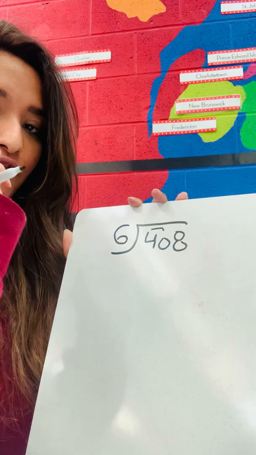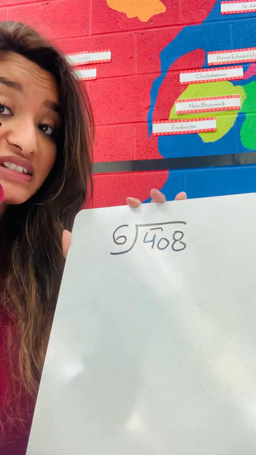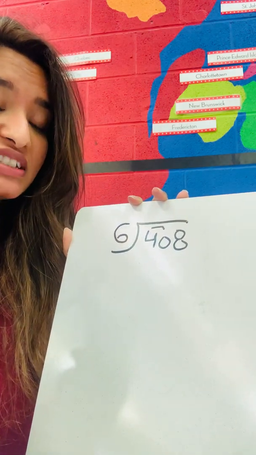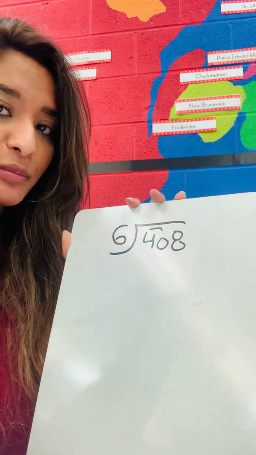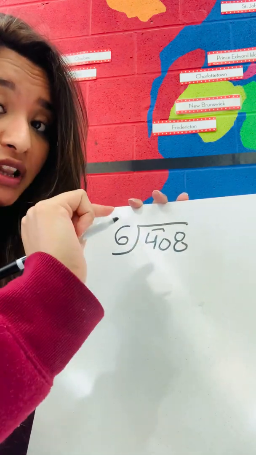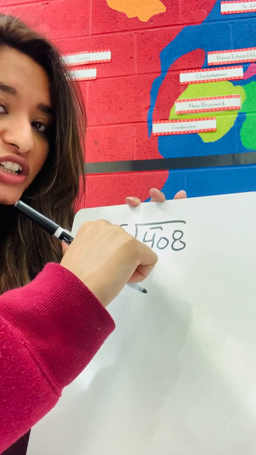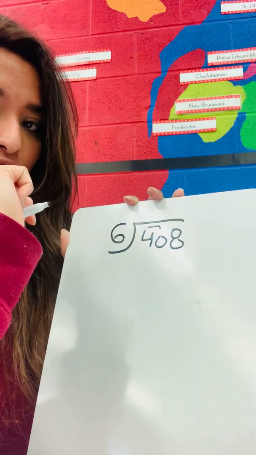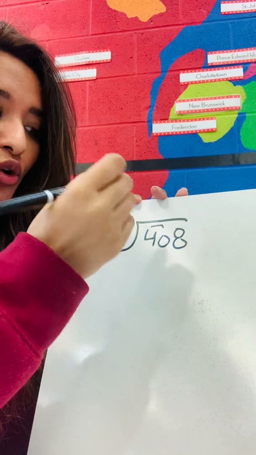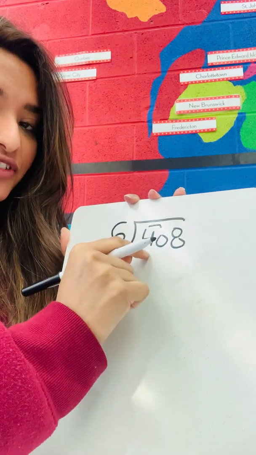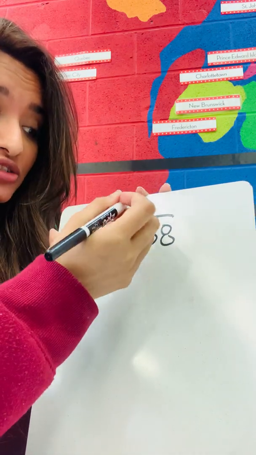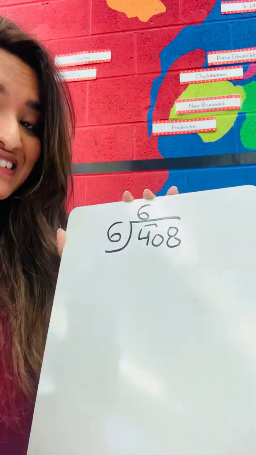So altogether, 40. So I'm going to go to my 6 times table, and I'm going to see which multiple of 6 is either 40, less than 40, or close to 40. Okay, so how many 6s can fit into 40? The answer is 6.